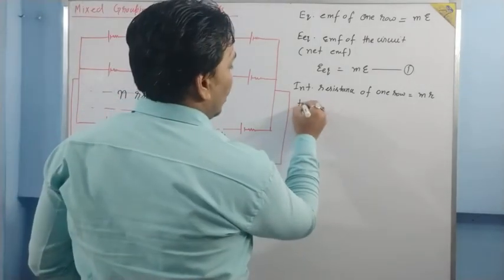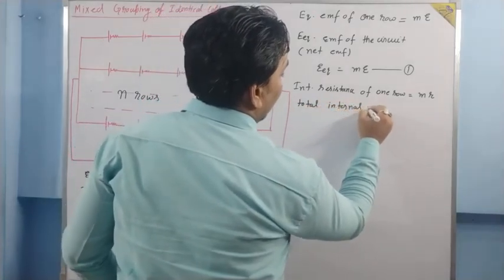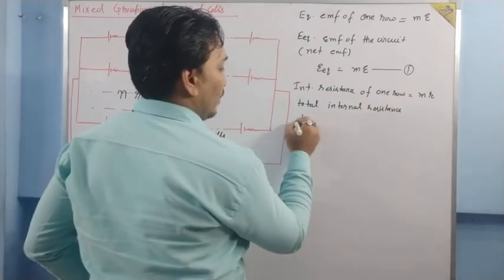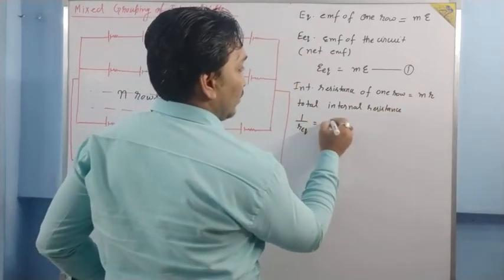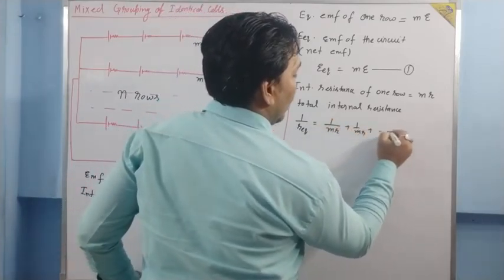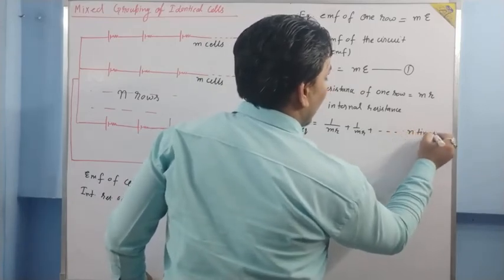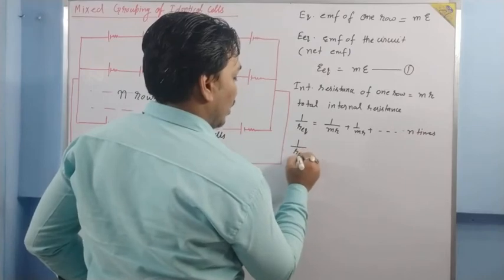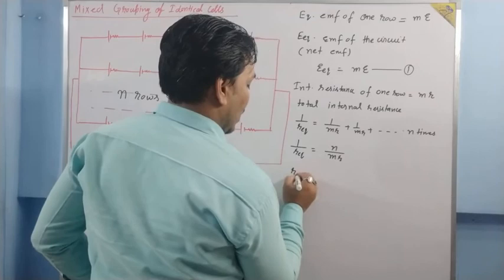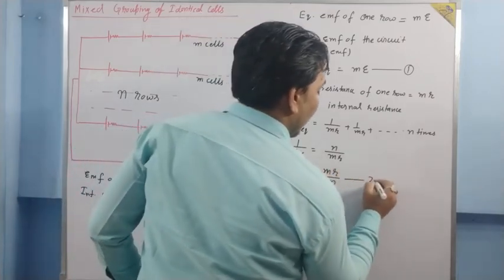So the total internal resistance will be 1 upon R equivalent is equal to 1 upon mr plus 1 upon mr plus so many times. How many times? n times. So 1 upon R equivalent is equal to n upon mr, or basically R equivalent is equal to mr upon n. This is your equation number 2.